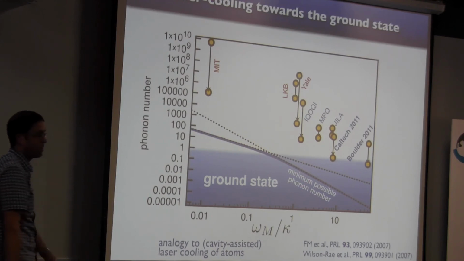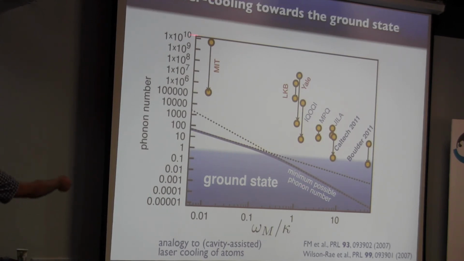That's what this parameter controls. Even if you start really high here, if you could get down to this value here, which yes is much bigger than the quantum regime, that's still a lot of cooling. The resolved sideband parameter is really controlling this minimum possible phonon number curve: the effective temperature of the photons as seen by the mechanical resonator.